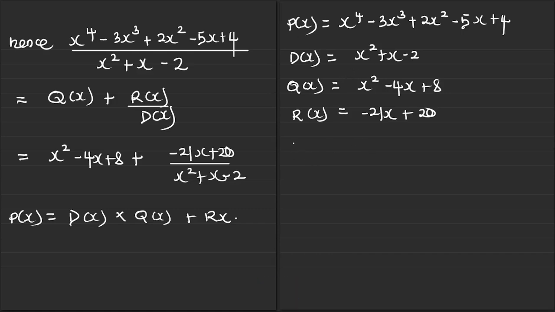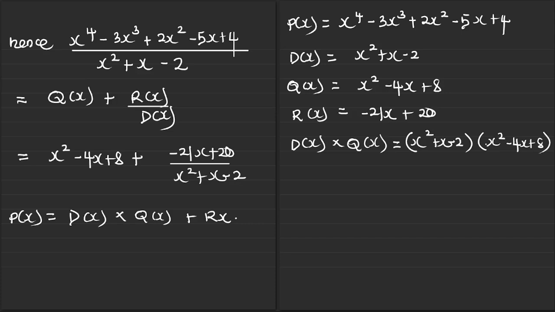So first of all, let's try the d of x times k of x. So our d of x was x squared plus x minus 2. And we want to multiply it by the k of x, which is x squared minus 4x plus 8. Using our distributive law we have considered in our previous lesson, x squared multiplies everything we have in the bracket.